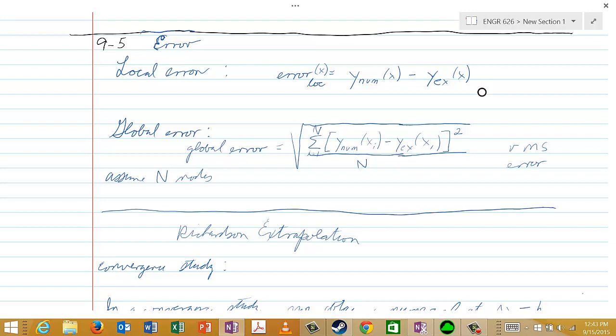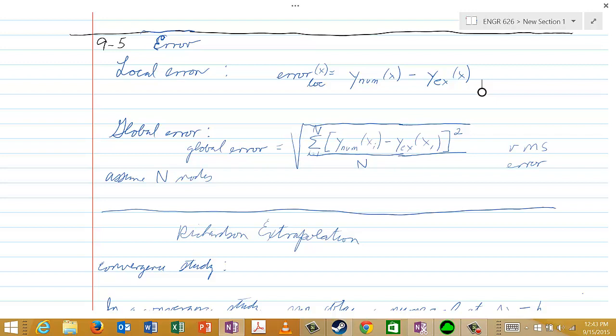Okay, so I hope that if you thought about that for a moment, you see that the reason we don't calculate the global error by simply taking the average of all the local errors is that we could even get a global error of 0, which would lead us to think that we have a very accurate solution when perhaps we have a terrible solution. How could that happen? Well, if we have a local error that is positive at some nodes and negative at other nodes, and we simply took the average of all the local errors, it could average out to 0.